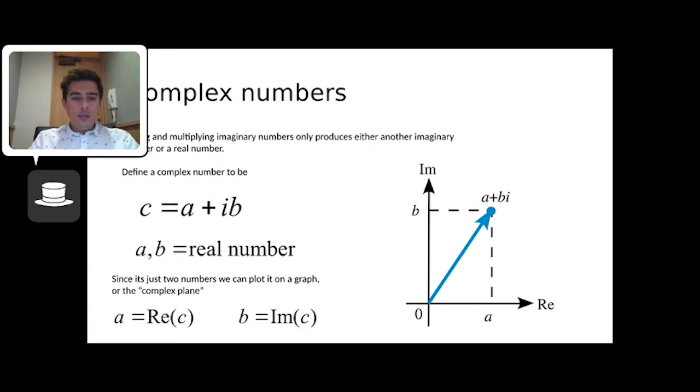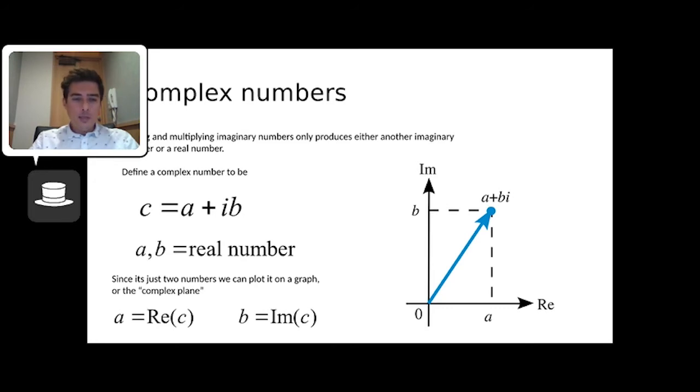These were actually simple types of complex numbers because they didn't involve any real component. So we can define a more general complex number, which is a combination of a real number.